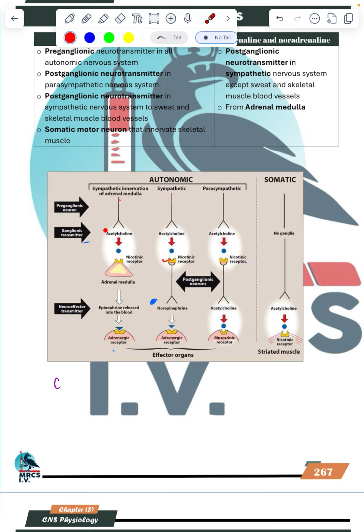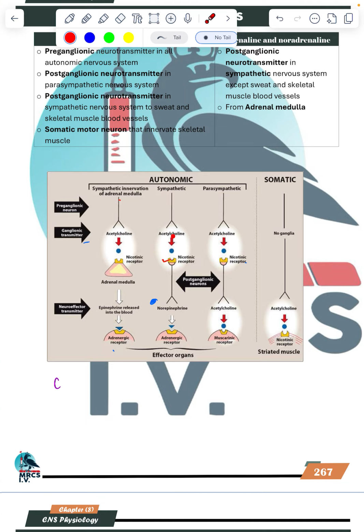Here you get acetylcholine as the preganglionic transmitter in the ganglion. Then in the sympathetic, again the preganglionic fiber releases acetylcholine, and in the parasympathetic, acetylcholine. So whether it is adrenal medulla, sympathetic, or parasympathetic, the preganglionic neurotransmitter is always acetylcholine. It stimulates the adrenal medulla, which has nicotinic receptors.